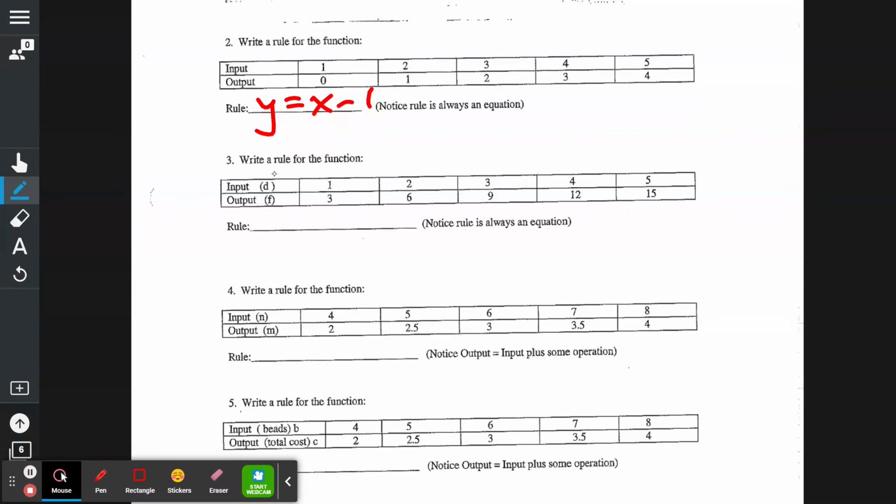Now notice in this next one, I'm not using x and y, they're giving me f and d. So if somebody supplies variables for you, you have to use the variables that they supply. So I'm still going to say, okay, what's my change in y? And it's plus 3. What's my change in x? And it's plus 1. So my multiplier, my change in y is 3.